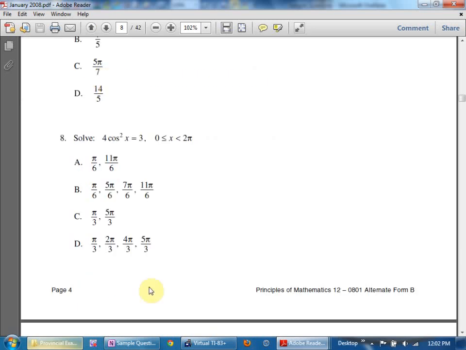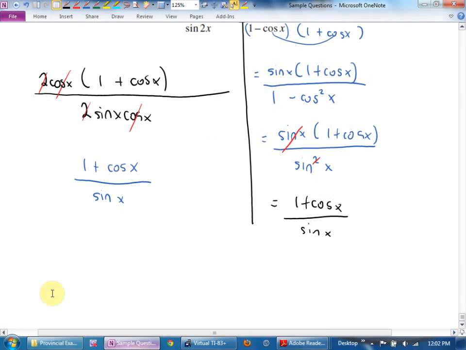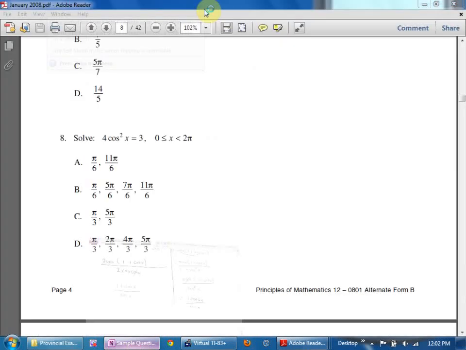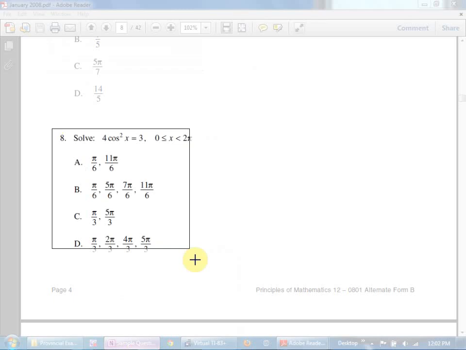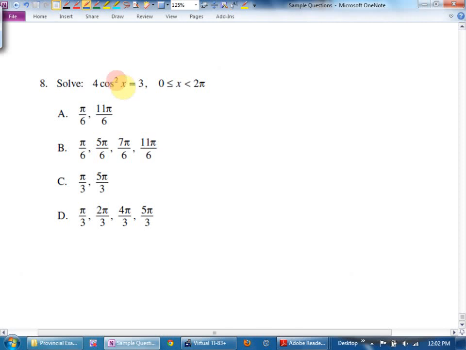Here, there's a big difference between this kind of quadratic trig and this kind of quadratic trig where you have a cosine and a cos squared. Here, the only approach is make it equal to 0 and factor it. When you only have a squared term, the shortcut is get the squared by itself. Divide by 4. I'll get cos squared x equals 3 over 4.